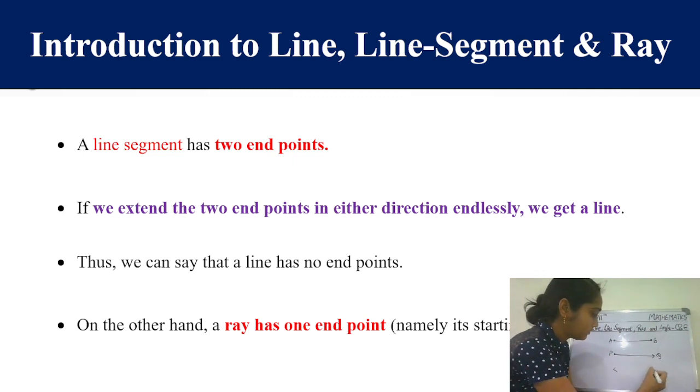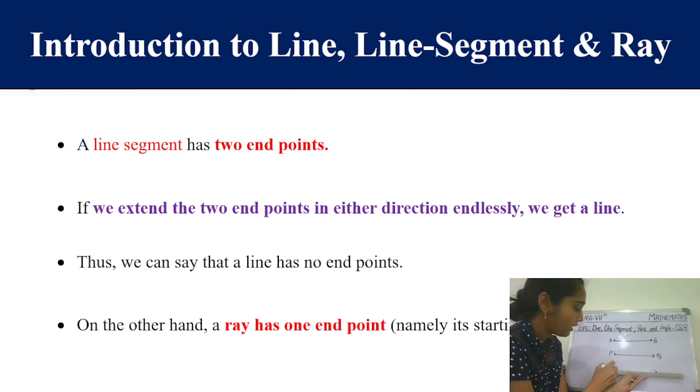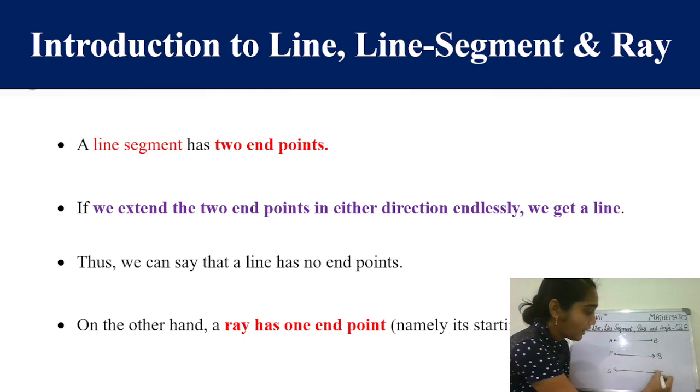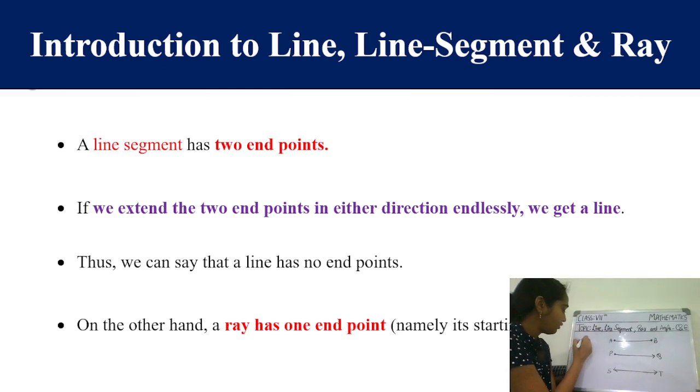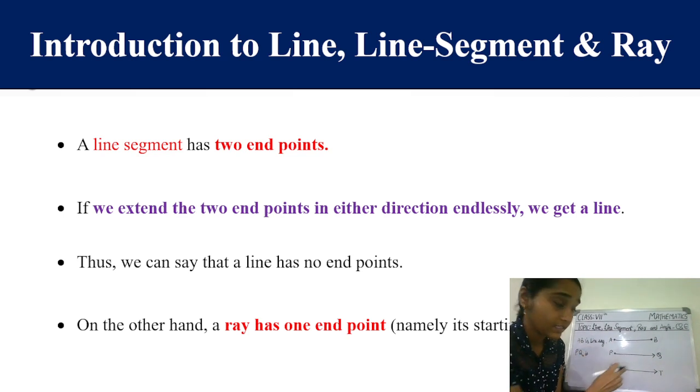If I tell you to draw a line over here, you will draw a line which has no endpoints in it. So we have seen how a line segment has two endpoints. AB is a line segment. We can write over here AB is a line segment, and PQ is a ray. Why? Because it has only a single endpoint.